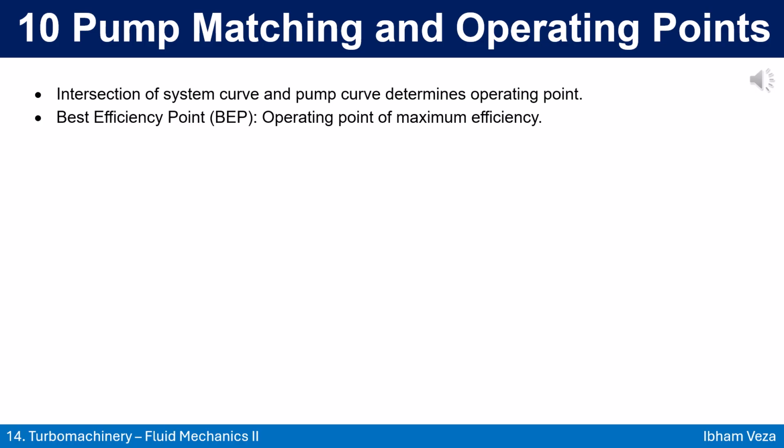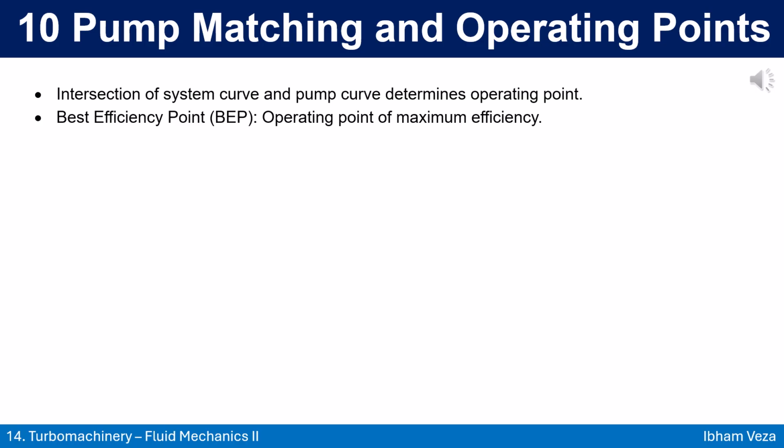But not all operating points are created equal. There is one point where the pump performs at its highest efficiency. That's the best efficiency point, or BEP. It's the sweet spot where energy is used most effectively, vibrations are minimized, and wear is reduced.